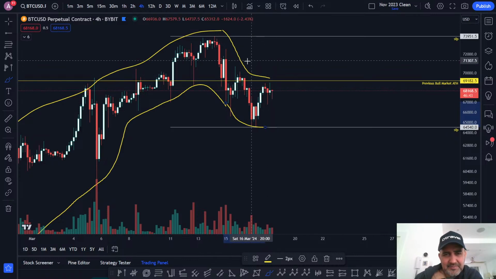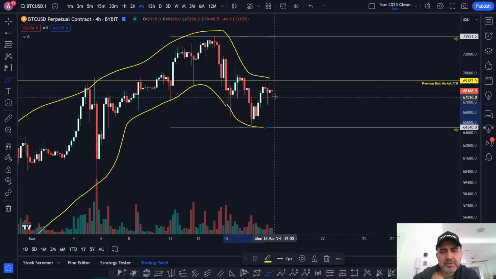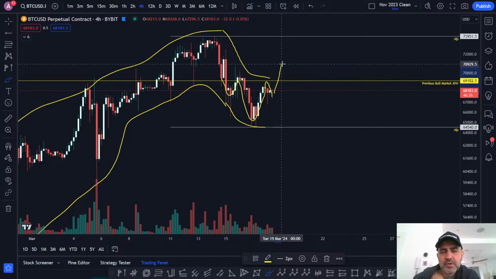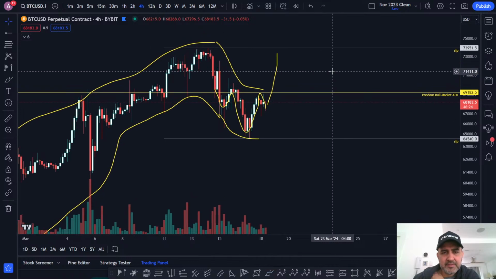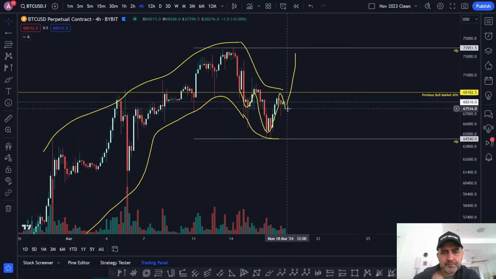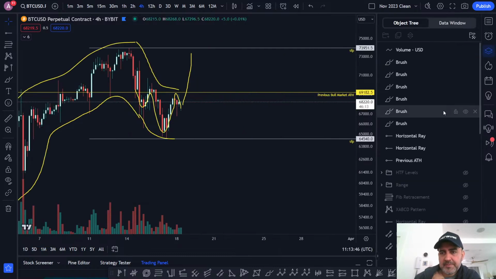I think that's going to be really bullish, and it kind of looks like we're doing a little bit of an inverse head and shoulders pattern here. So potentially that previous bull market all-time high is a little bit of a neckline, and if that breaks, we're probably heading to the all-time high again. Probably.